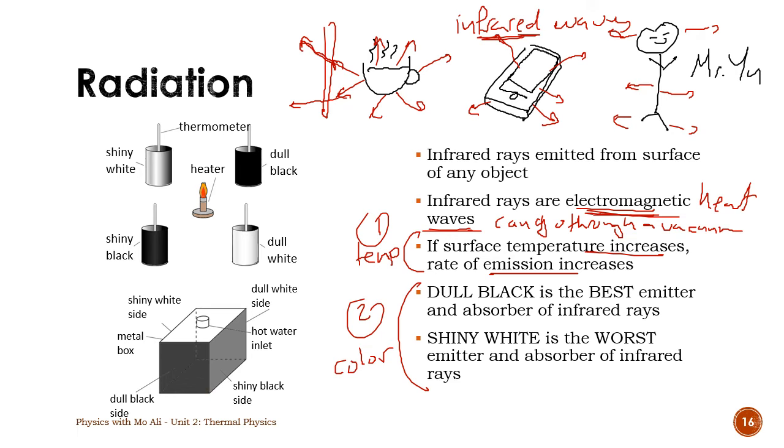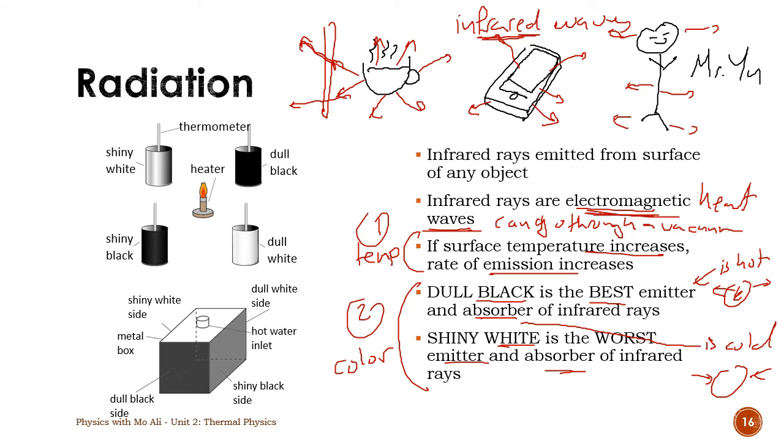An emitter means the object is hot and is going to give out heat. An absorber implies that the object is colder than its surroundings, so it's going to be absorbing heat from the surroundings. We say black is the best emitter and absorber of radiation, whereas white is the worst absorber and emitter of radiation.